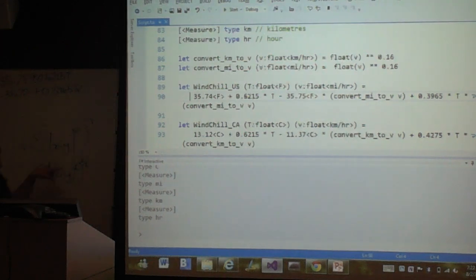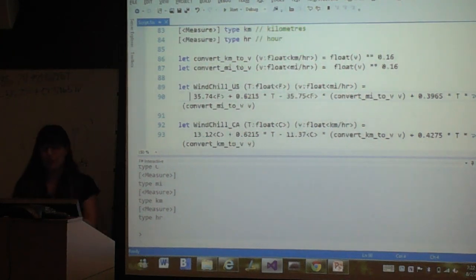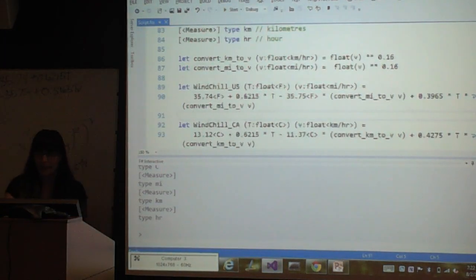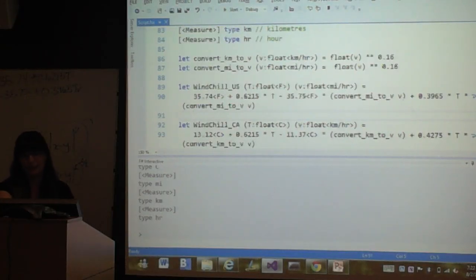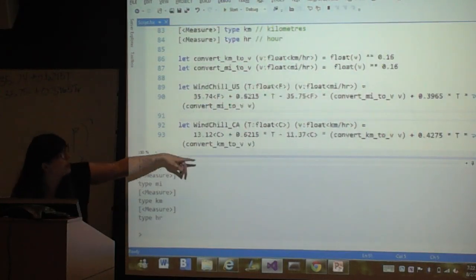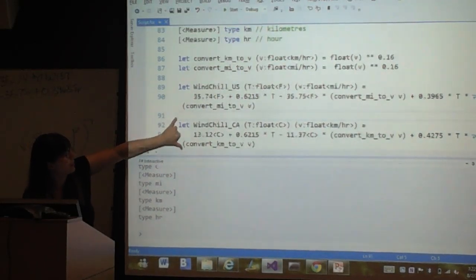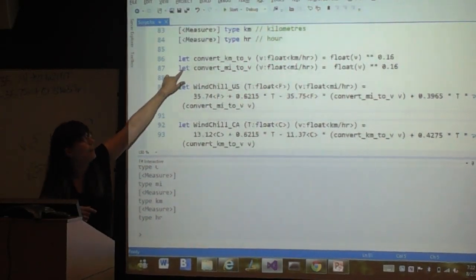So to make sure that the velocity was passed in as miles per hour or kilometers per hour, I left that as defined, but then I used the convert kilometers to miles and convert miles or kilometers to B functions up here.